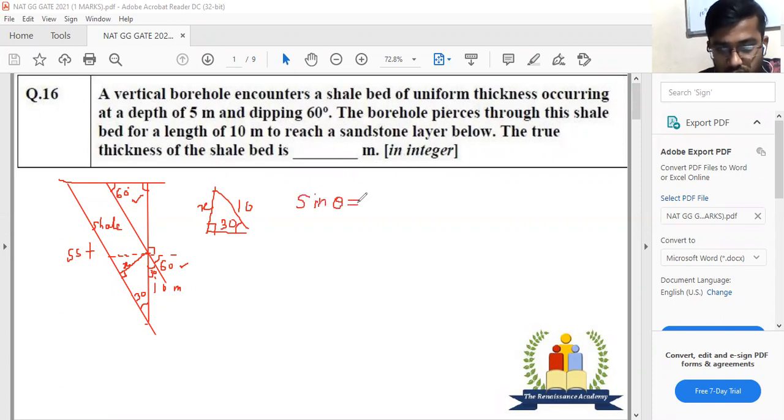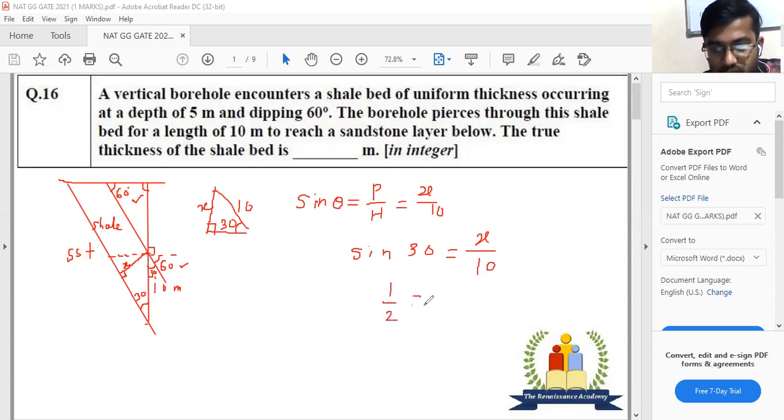Sine theta is equal to perpendicular upon hypotenuse. Your perpendicular is x, hypotenuse is 10. Sine 30 degree is equal to x by 10. So 1 by 2 equals x by 10. So you will get x is equal to 5 meter. Clear? So this is how you need to calculate this question.